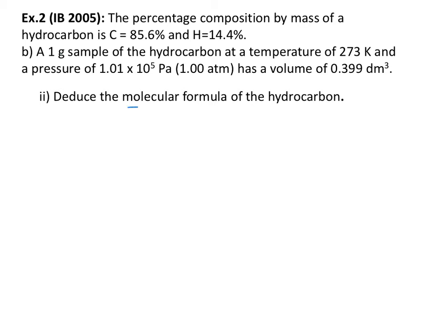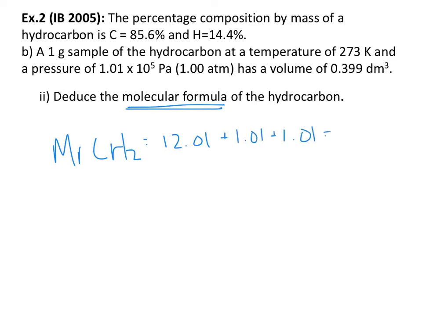So in order to find the molecular formula, I just found the molar mass of that molecular formula, but now I need to find the molar mass of the empirical formula. So I'm just going to take the 12.01 and add that up with 1.01 twice, and I get 14.03. So if I know that the total molar mass was 56, and I know the empirical molar mass is 14, that gives me a multiplying factor of 4.